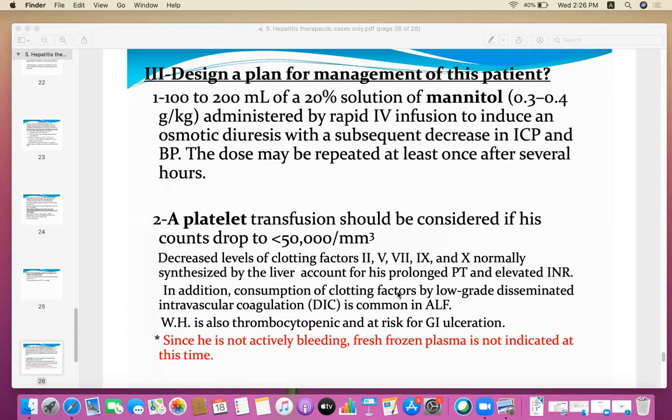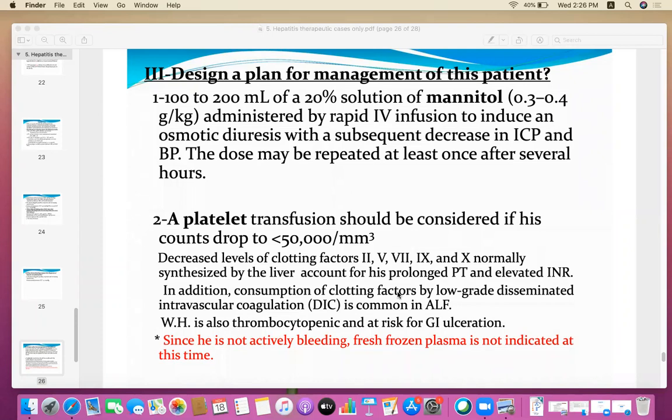The dose may be repeated at least once after several hours. So if the patient has raised ICP, the drug of choice is mannitol.